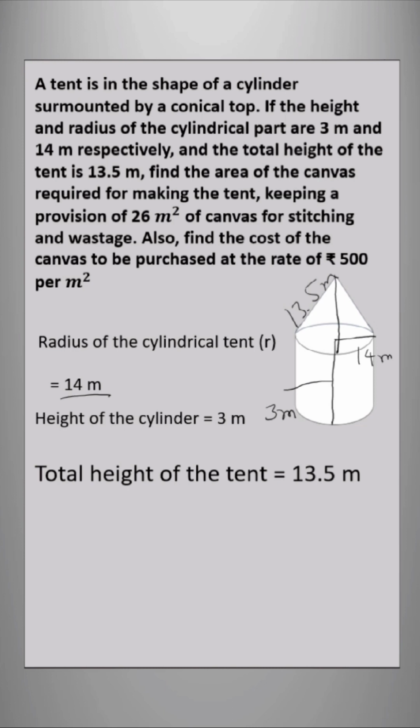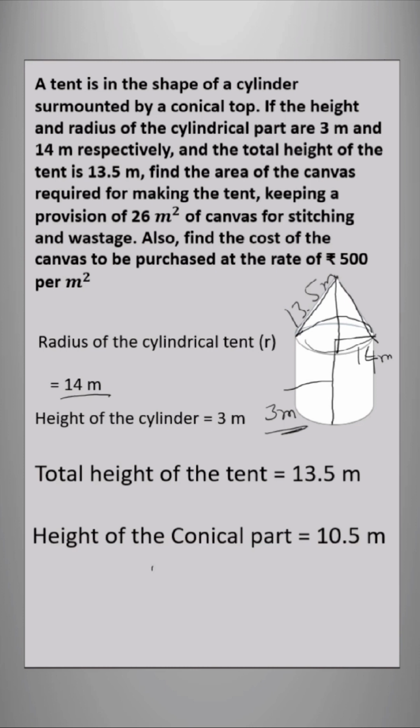That means here we have a conical part, and we have to find the height of the conical part. How can we get it? Total height minus height of the cylinder. Total height is 13.5 minus height of the cylinder, 3 meter. So it is 10.5 meter.